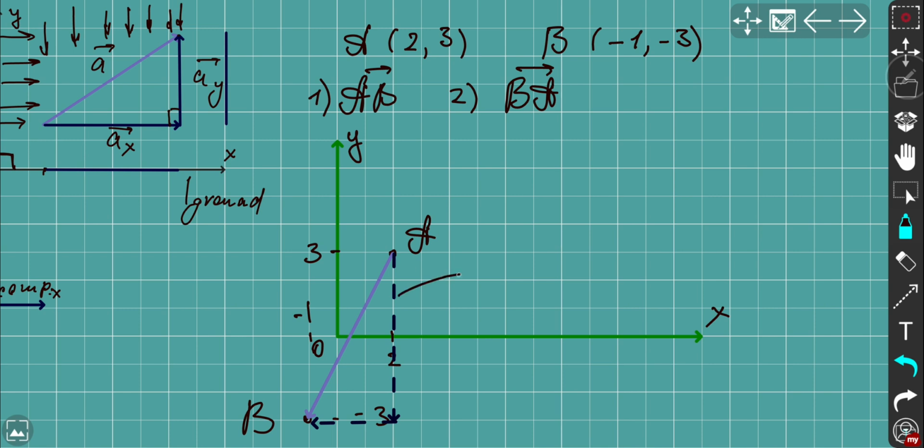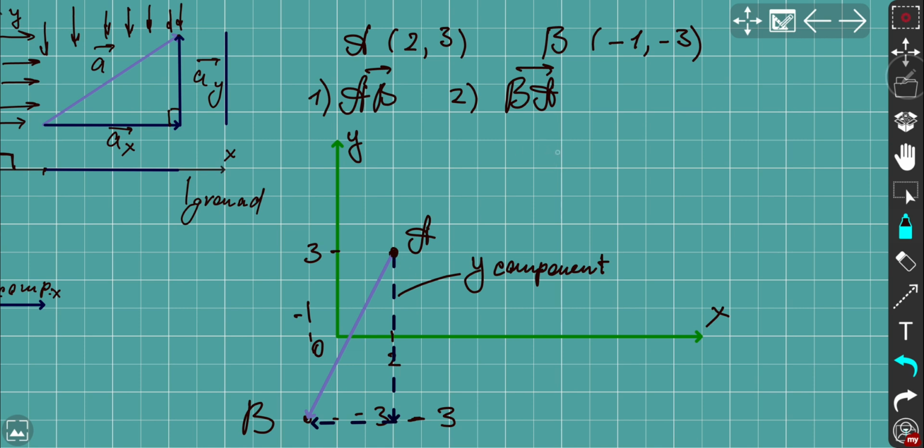So the y component goes from the level of 3 down, so it's going to be negative definitely because its direction is opposed to y direction. And for how long? Goes to the level of -3. So that's the level of -3. So it actually goes by 6 units down.